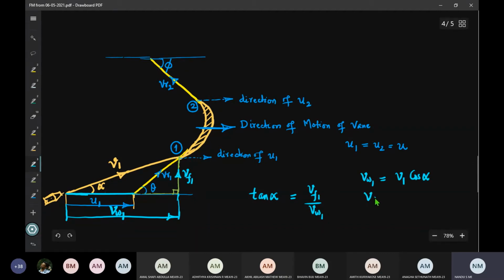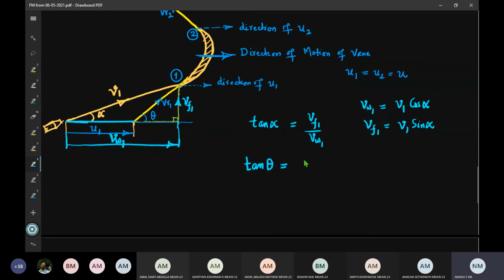VF1, the flow component, is the component of the absolute velocity of the jet in the direction normal to U1, so VF1 is V1 sin alpha. From trigonometry you can get it. And what is tan theta? Tan theta is VF1 divided by VW1 minus U1.